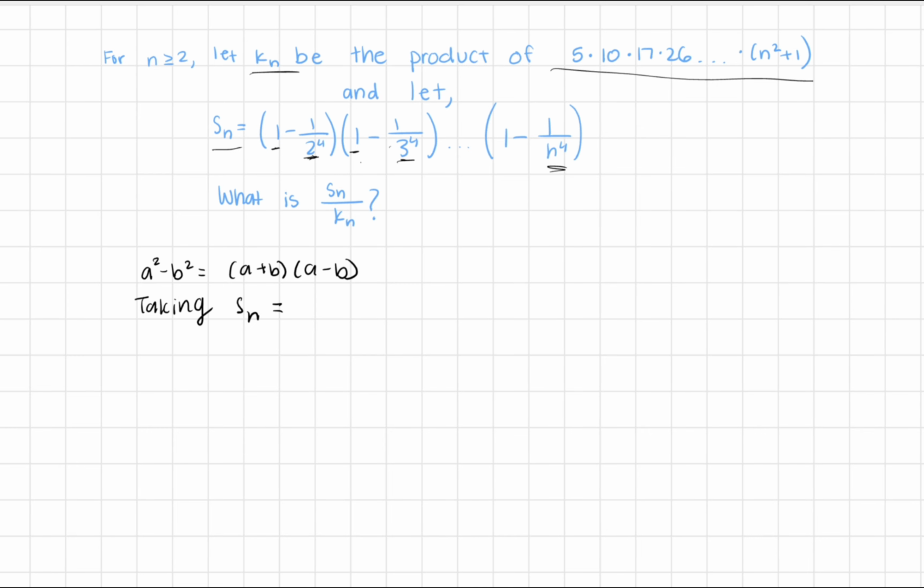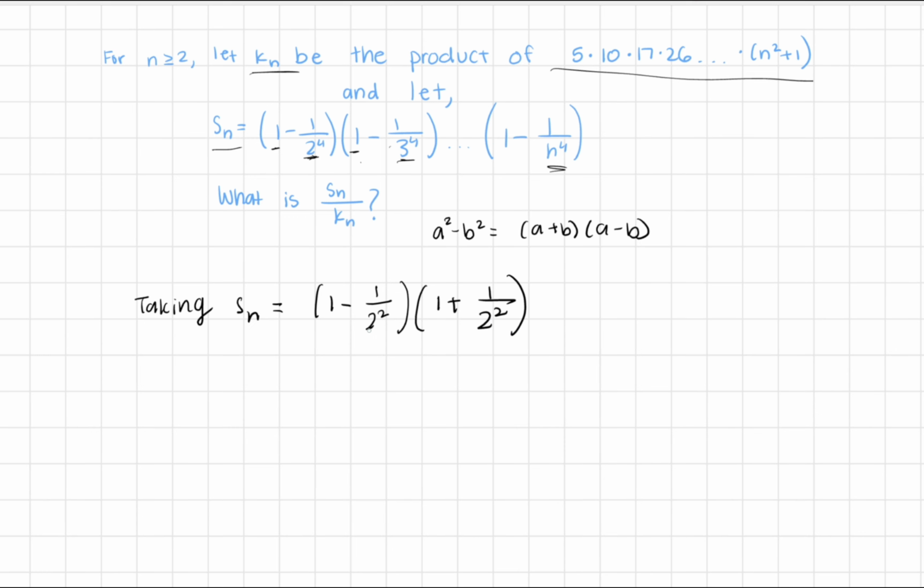So we can rewrite S_n as (1 minus 1 over 2 squared) times (1 plus 1 over 2 squared). This whole thing that I just wrote is this thing right over here; I just rewrote it using this formula.